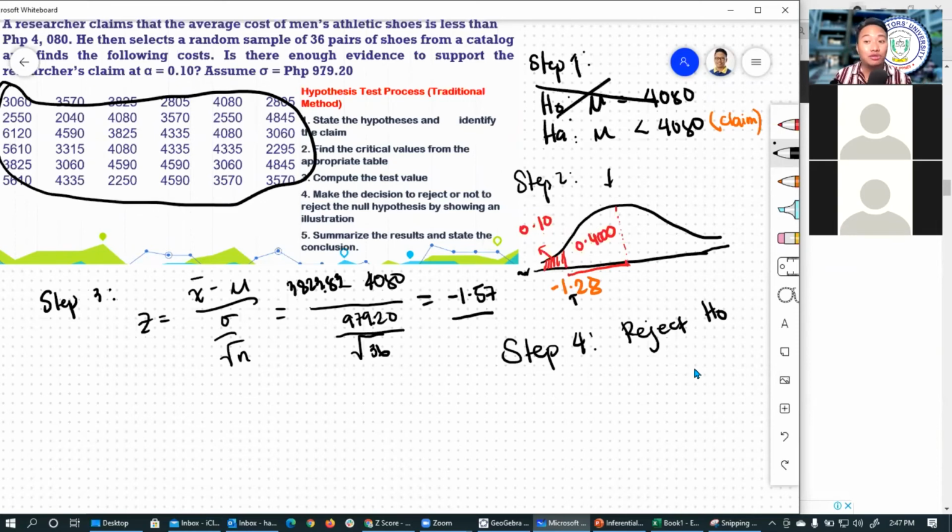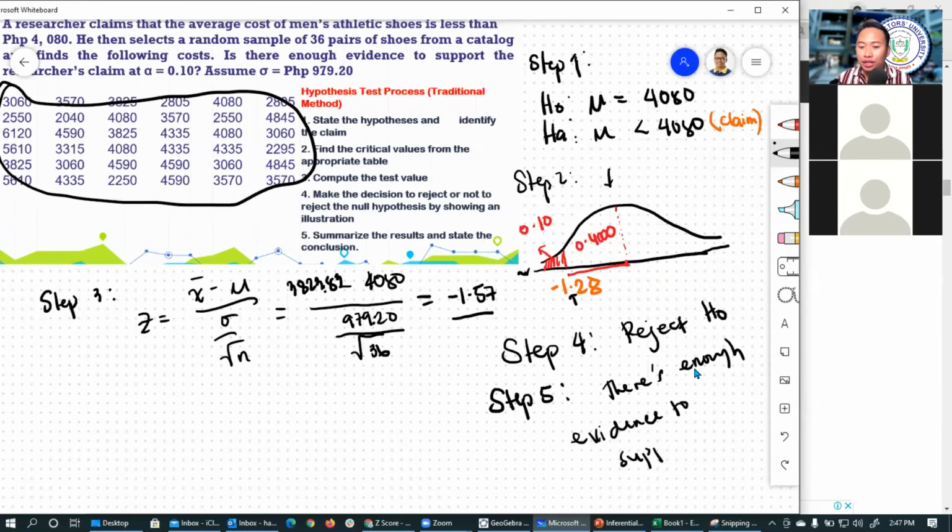Guys, you don't have to follow me. You don't have to put an X on the null hypothesis. I'm just showing it so it's clearer on your end. And then when you do step 5, that's when you state that since we are rejecting the null hypothesis, there's enough evidence to support the claim, or there's enough evidence to support the alternative hypothesis.